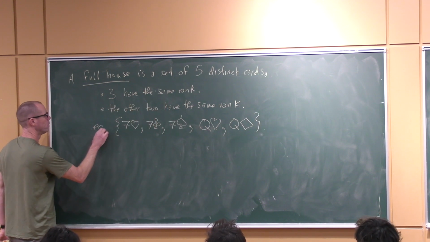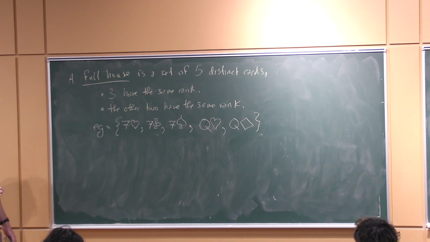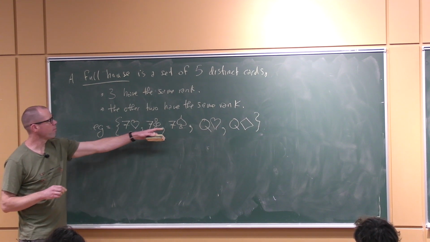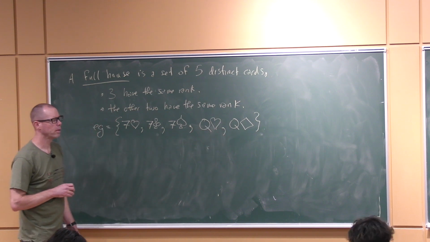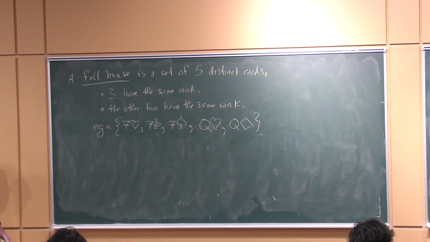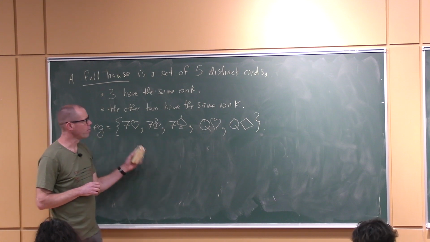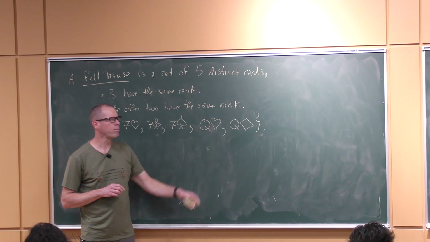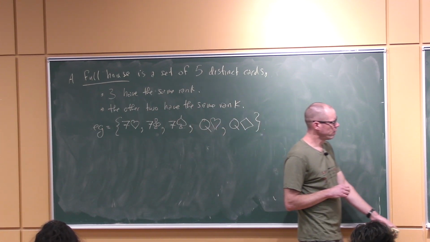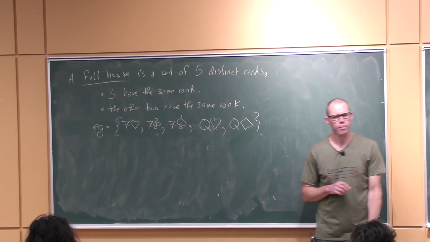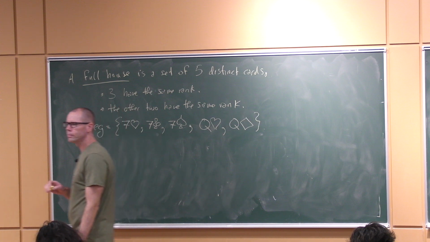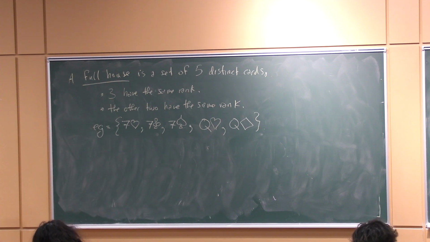So that's an example. 3 cards have the same rank, and the other 2 also have the same rank as each other. Of course, the 2 ranks have to be different, because otherwise we'd have 5 cards of the same rank, but we only have 4 cards of the same rank for each rank. So that's a full house.